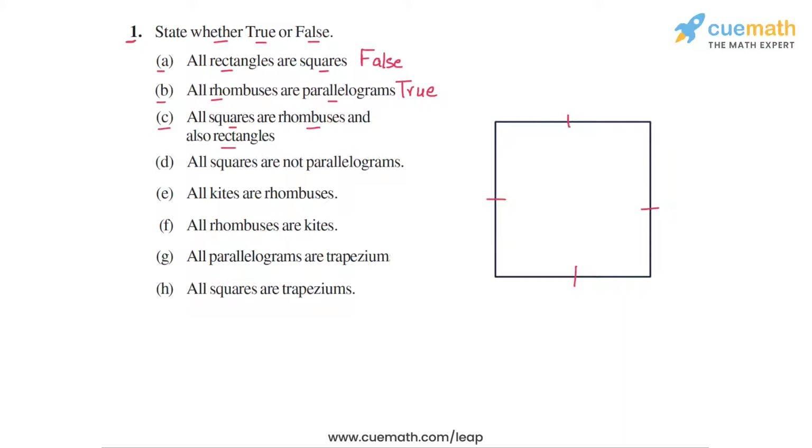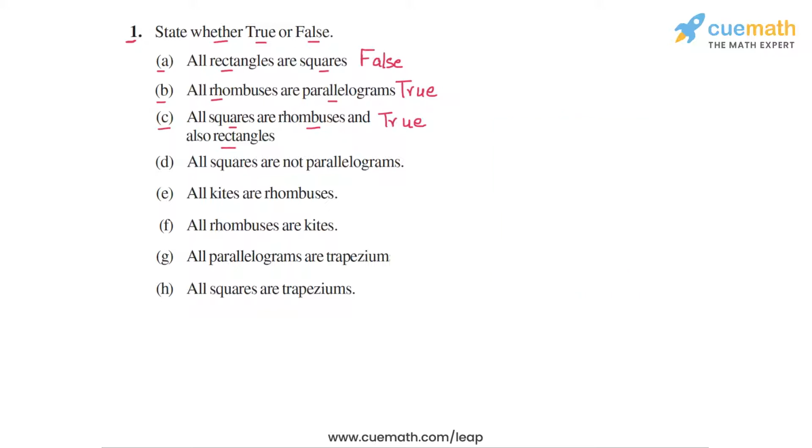So a square is a rhombus, and also in a square all the angles at all the vertices are 90 degrees. So a square is also a rectangle. So because all sides of a square are equal, it is a rhombus, and because all angles of a square are 90 degrees, it is also a rectangle. So the third statement, that all squares are rhombuses and also rectangles, is also true.